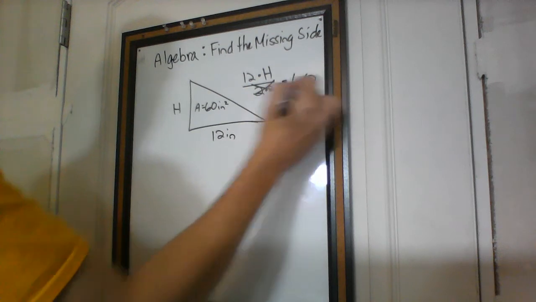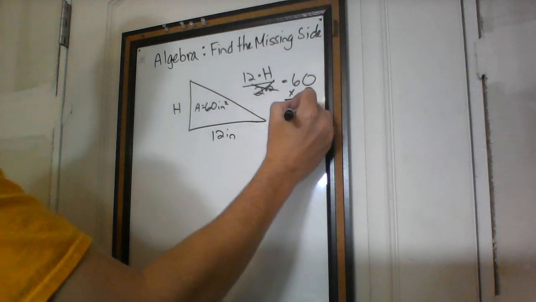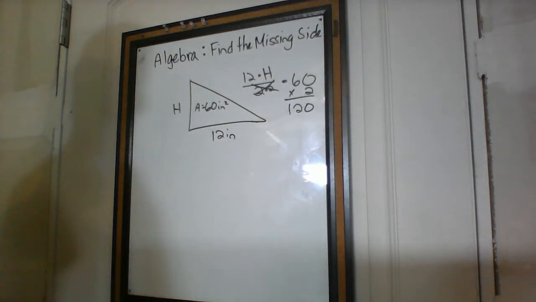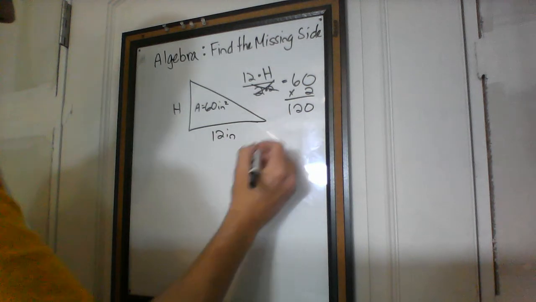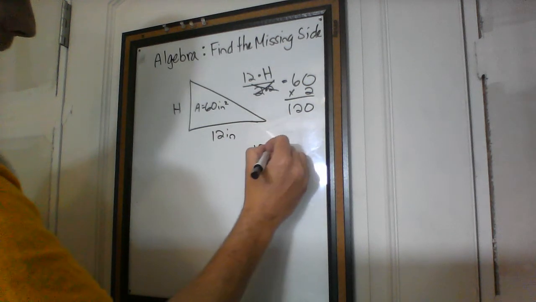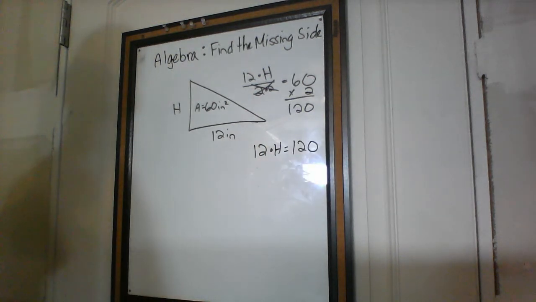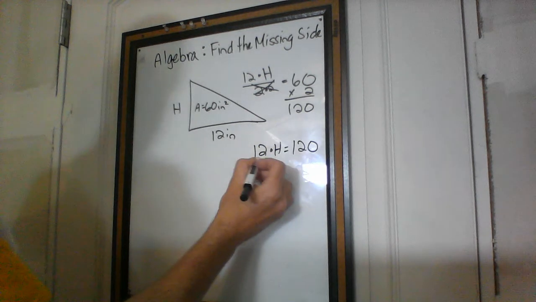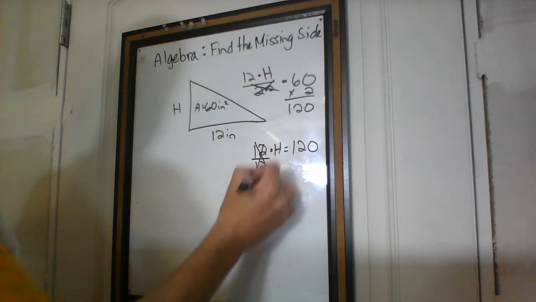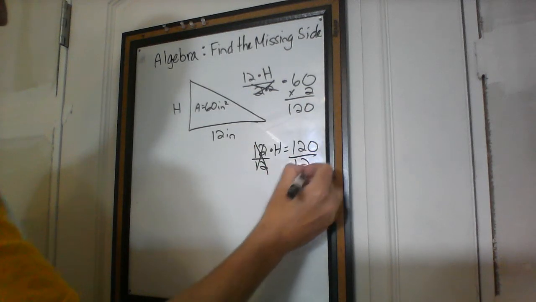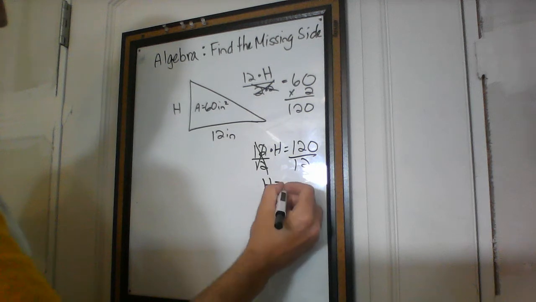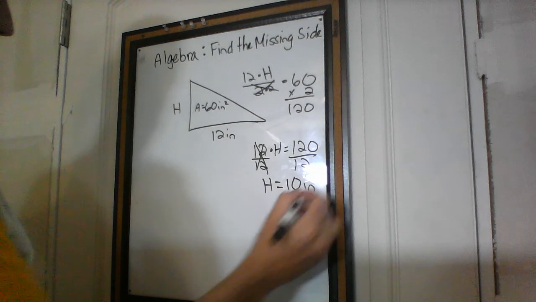So over here, we're going to multiply by 2. That gets us 120. So now we have, give myself some room down here, base times our height gets us to 120. Divide by 12, since that's a multiplication. Divide by 12. We now know that our height equals 10 inches.